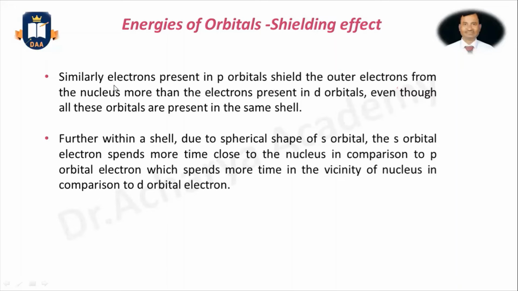Similarly, the electrons present in p orbitals shield the outer electrons from the nucleus more than the electrons present in d orbitals.